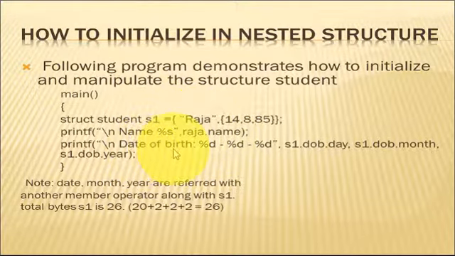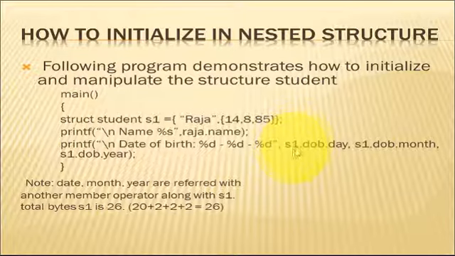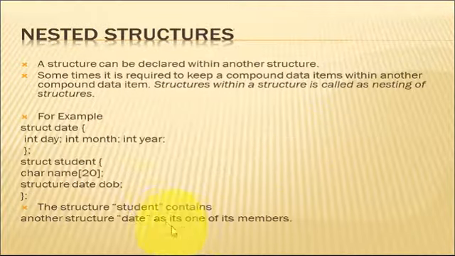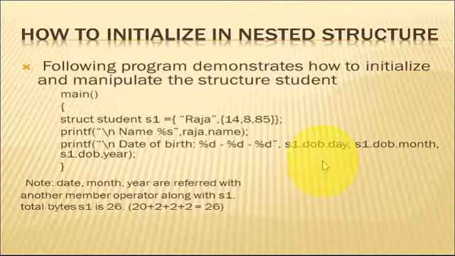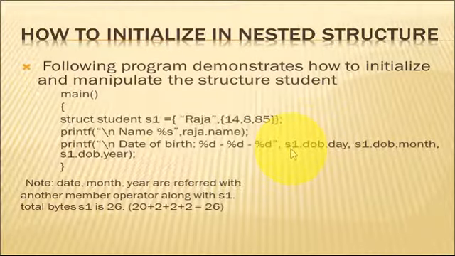Then for the date of birth, s1 is the structure variable of the student, and dob is the structure variable of the date. So we have to use 2 dot operators: s1 dot dob dot day.